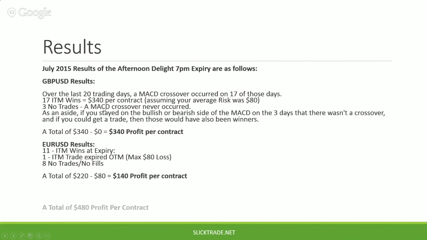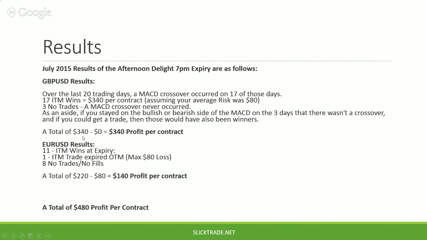There were 3 no trades where a MACD crossover never occurred. But on a side note, if you stayed on the bullish or bearish side of the MACD on the 3 days that there was not a crossover, and if you could get a trade, then those would have also been winners.